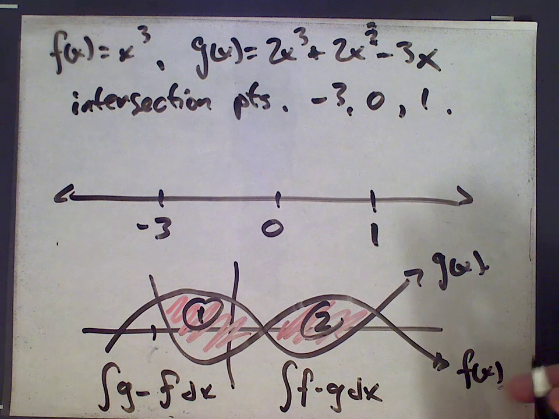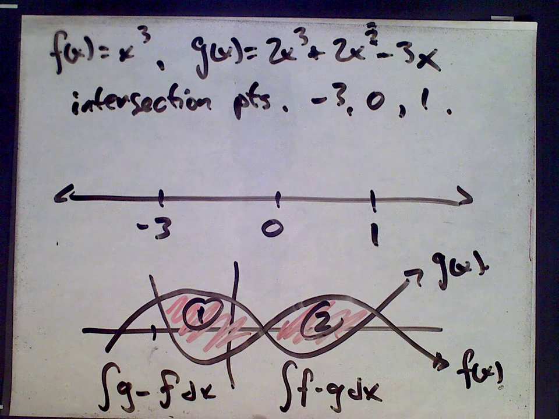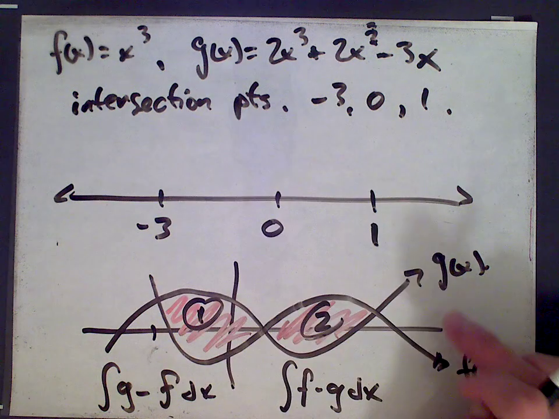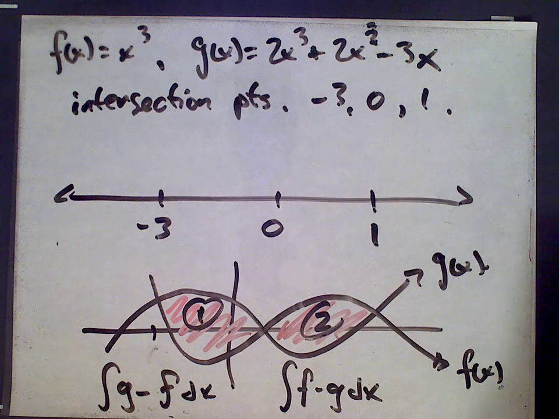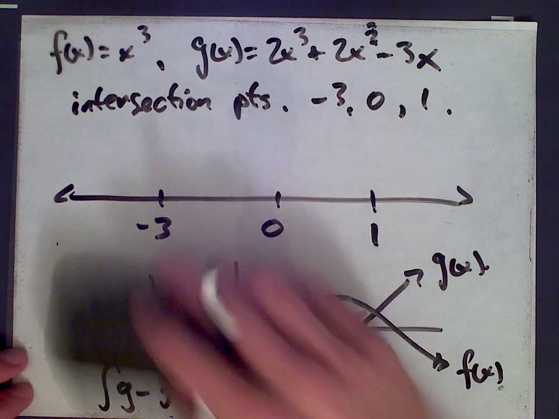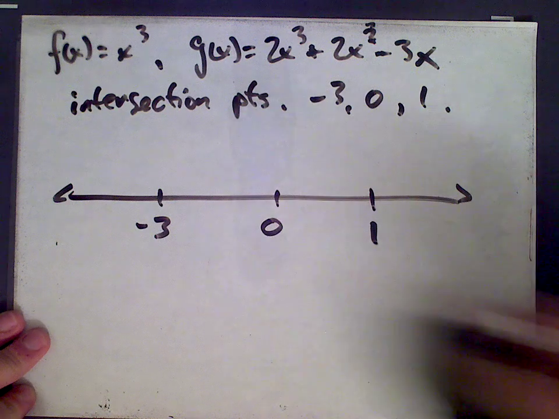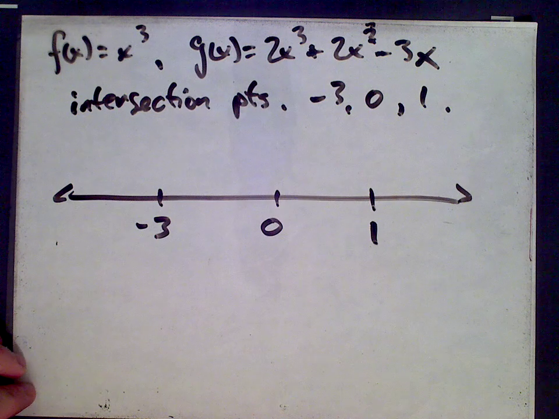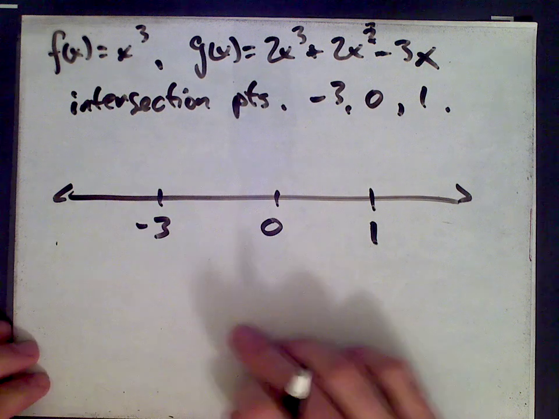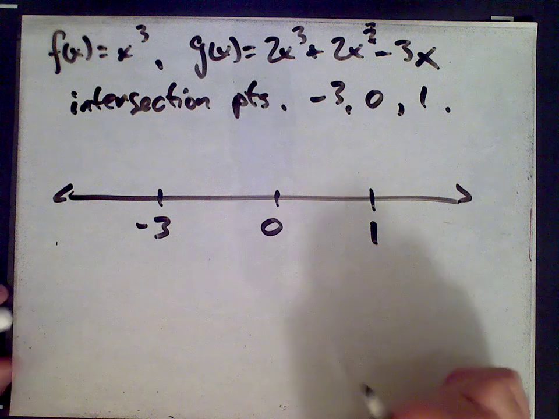So we have to figure out which function is bigger than which on the appropriate interval: one from negative 3 to 0, and the other from 0 to 1 in our case. To see which one is bigger, we'll take test points on the given intervals and compare the two values, one at f and one at g.